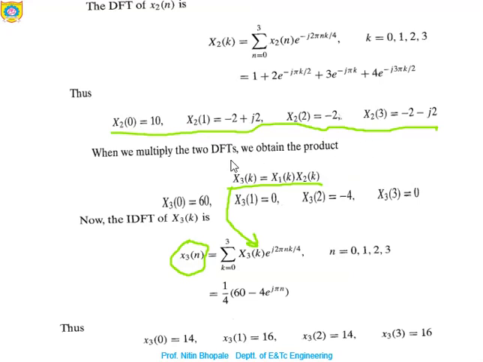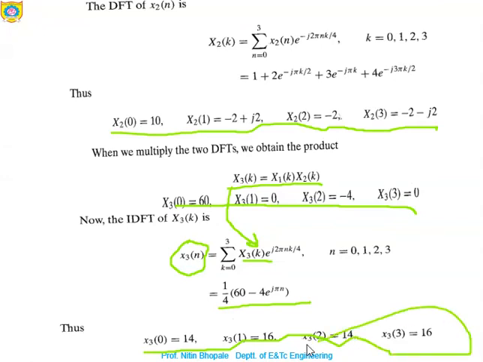Now don't stop at the x3 of k calculation only, because once we got x3 of k, we still need to find its IDFT so as to get this vital value, that is x3 of n. Once we did the IDFT, it gave the values 14, 16, 14, 16, which we just now calculated.